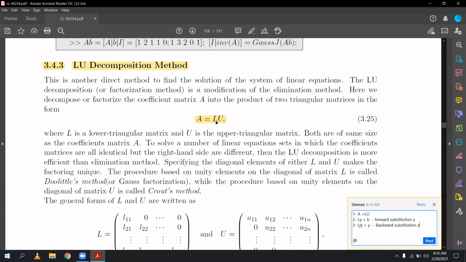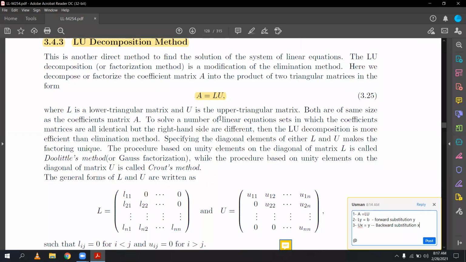And we have to find the elements of L and U with the help of A. How many elements of L and U do we have, please, for the 3 by 3 case? This is the shape for the generalized case. I'm talking about 3 by 3. How many?